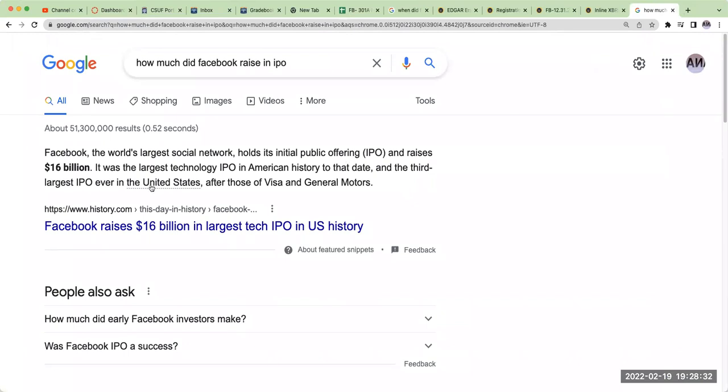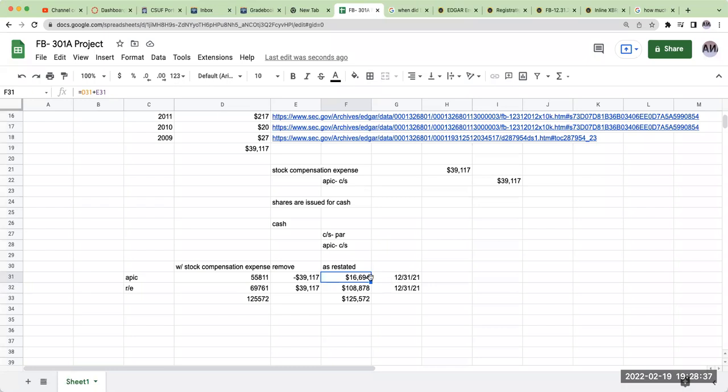Well, Facebook raised about 16 billion. So this looks pretty close to what Facebook actually raised. That extra $694 million is potentially employees that paid cash to exercise their stock options.